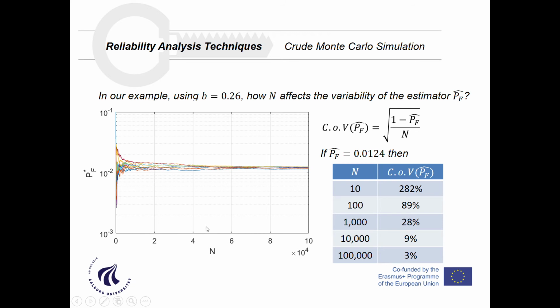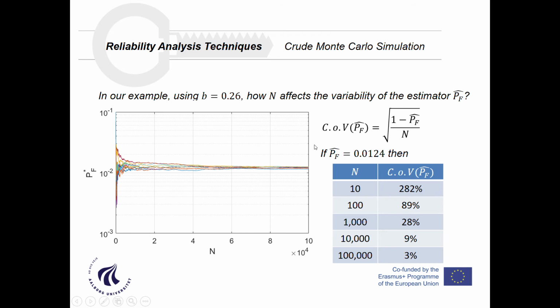We can see that when we have around 20,000 samples, the failure probability gives different values. But of course, when we increase the number of samples, we converge to a unique value. So in our example, using beta equal to 0.26, how does n affect the variability of the estimator?